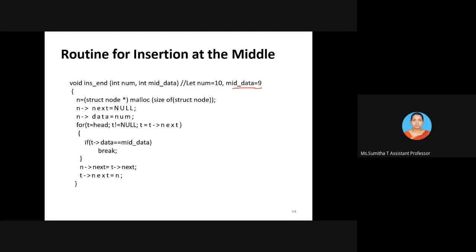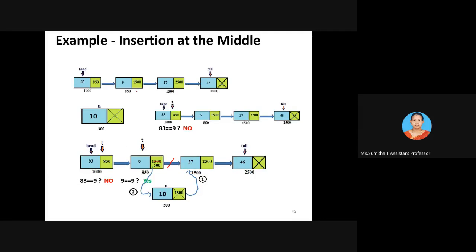I'm going to insert one node having the value 10, the node n, in the middle position. I mention the data, so after the value, I insert the 10 node n. So what is the process?